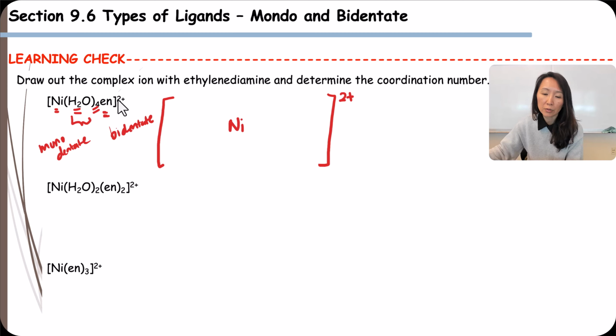Here's water. So say we are attaching the water. I'm going to draw one going up and down, one that's going back, and a wedge that's coming out.